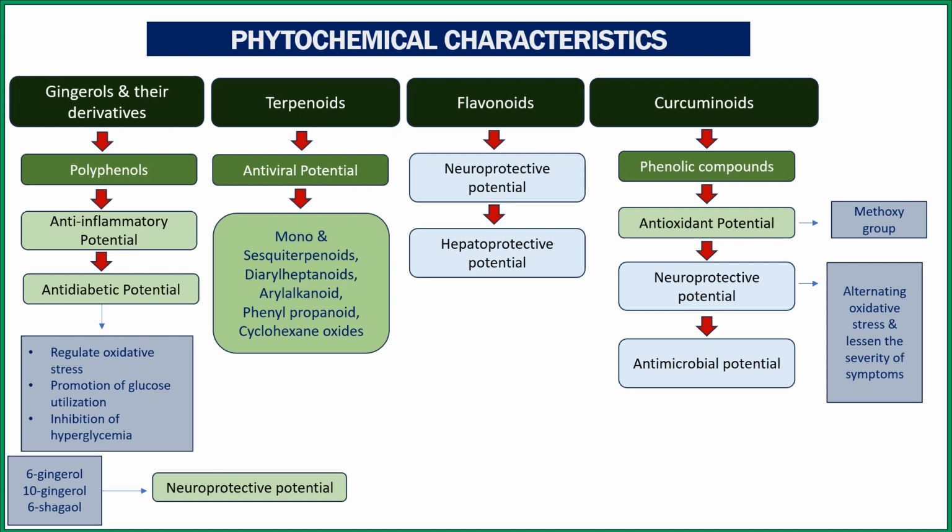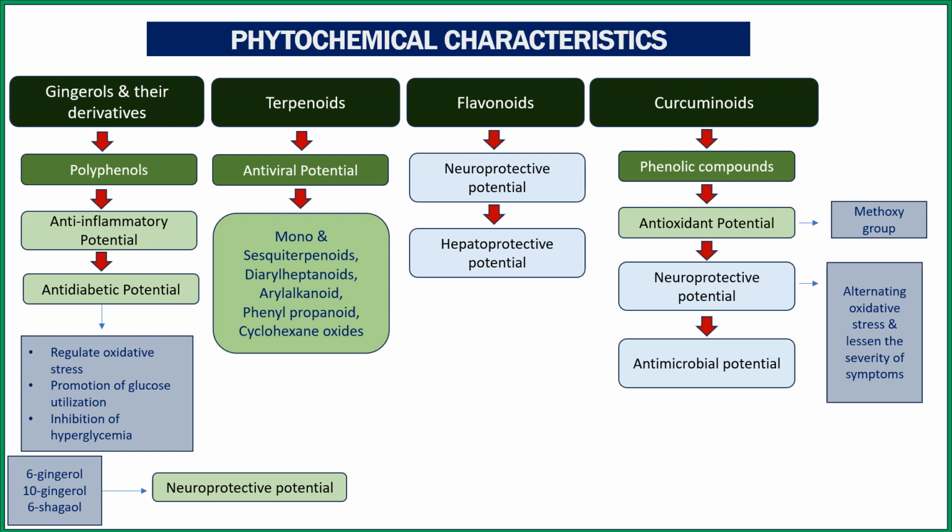Again, let's see about the curcuminoids. Curcuminoids are generally present in the genus Curcuma. They are a type of phenolic compounds responsible for antioxidant activity, neuroprotective activity, and antimicrobial activity.